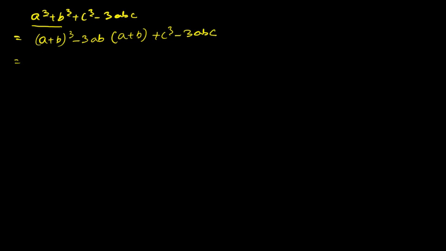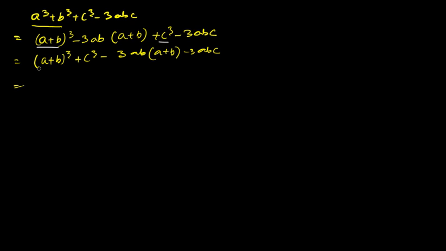Now with this and this, I can again put the formula if I keep them together. So I'm keeping them together: a plus b whole cube plus c cube, minus 3ab into a plus b, minus 3abc.